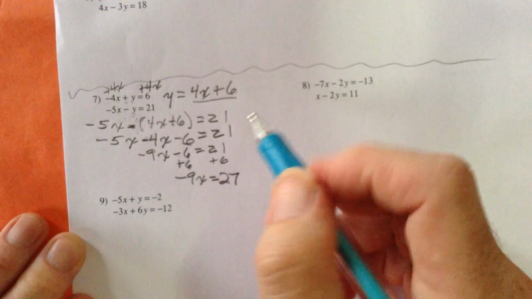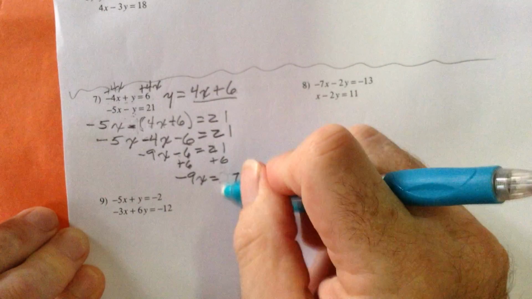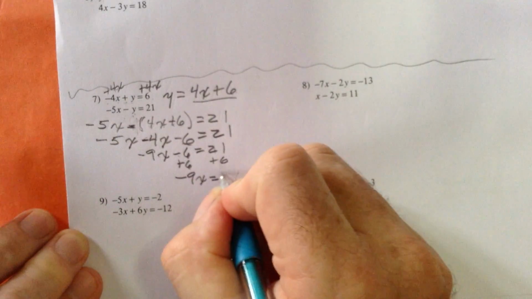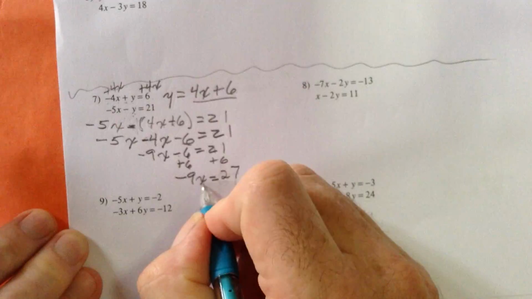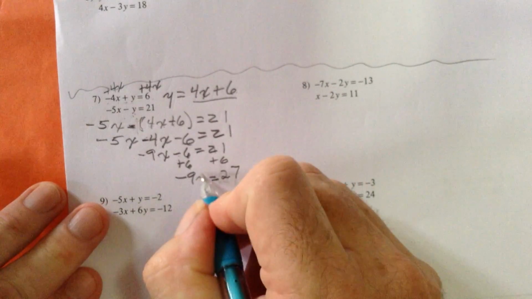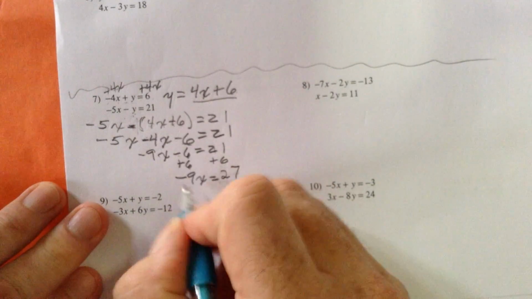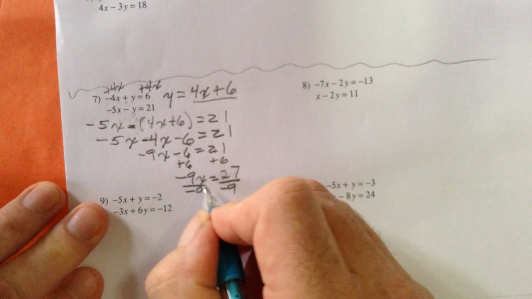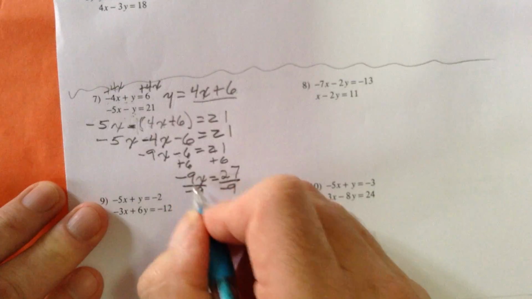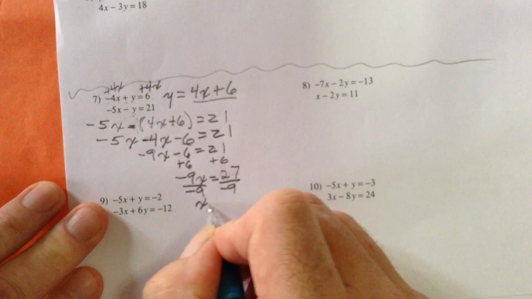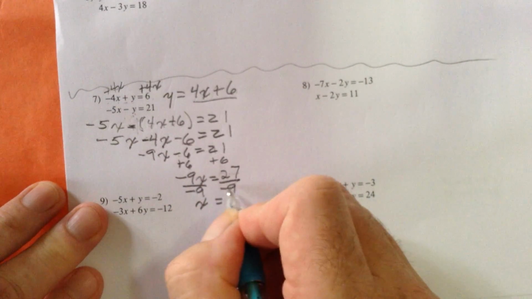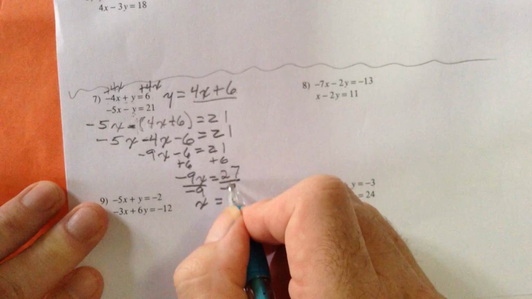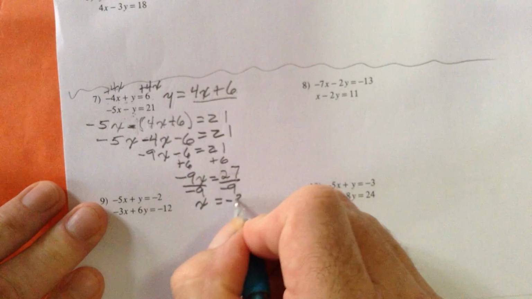Negative 9 times something equals 27. Most people see that'll be a 3, but if I continue with the opposite, dividing by negative 9 leaves 1x, or x equals 27 divided by negative 9. That's a negative 3.